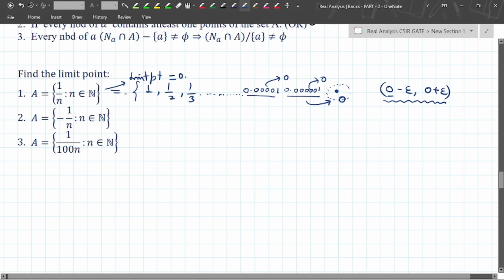Okay. Next thing. By the Archimedean property, we can also find the limit point. Next, for minus 1 by n: in the case of minus 1, it is minus 1 by 2, minus 1 by 3, and it is increasing.